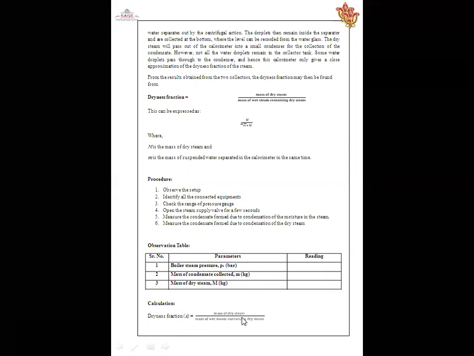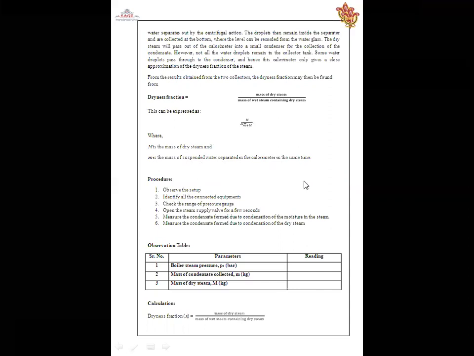We have told you this formula earlier also, and here it is presented as capital M upon small m plus capital M. Capital M is the mass of the dry steam, and small m is the mass of suspended water separated in the calorimeter in the same time. This is the total dryness fraction measurement by the separating calorimeter.